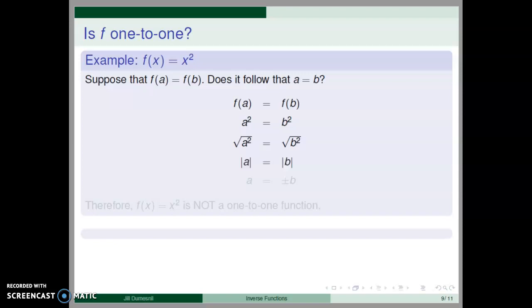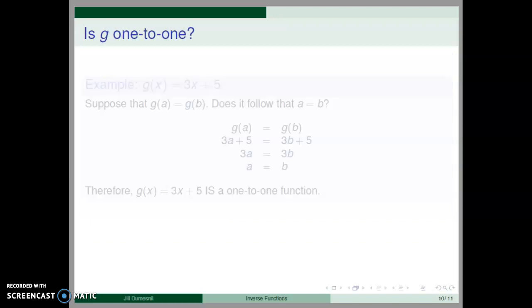But we get that the absolute value of a equals the absolute value of b. Thus, a equals plus or minus b, and therefore f of x equal x squared is not one-to-one. Alternatively, you might think of a graphical reason why this function isn't one-to-one.